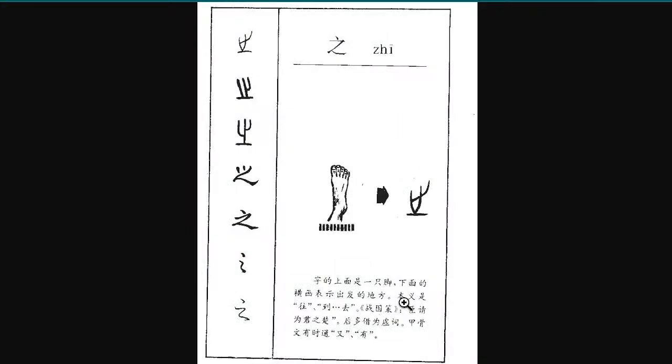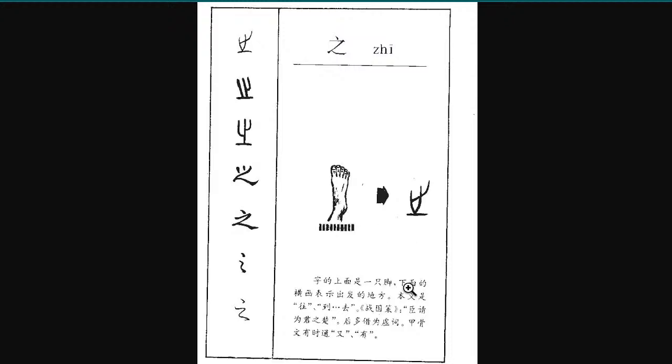This one looks like an oracle bone character. You can see that on the top is a foot, and then a stroke at the heel place. So the original meaning is "leave for." Basically you start a journey.